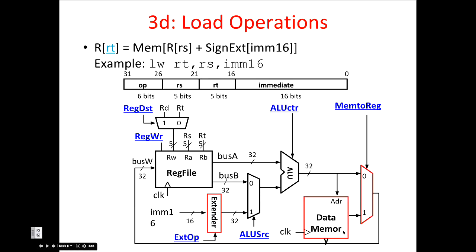We specified some address to this data memory that was calculated in the ALU. We fed that to data memory, and that gave us some output value. And it's this output value that we want to store into the reg file, not the value calculated by the ALU. So we have this mux, which chooses between those two values. And in the case of load word, we're going to take the data memory value and put it into the reg file.